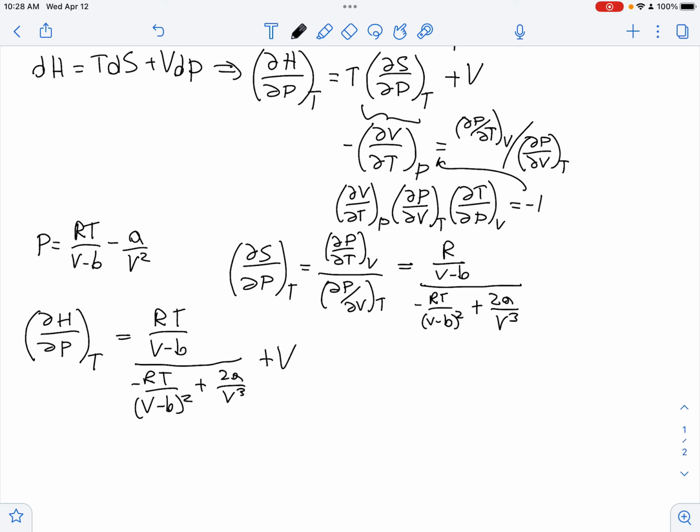We can simplify this a little bit if we want to. We can say that's equal to V plus RT over V minus B times V cubed, divided by 2A over (V minus B) squared minus RT V cubed.